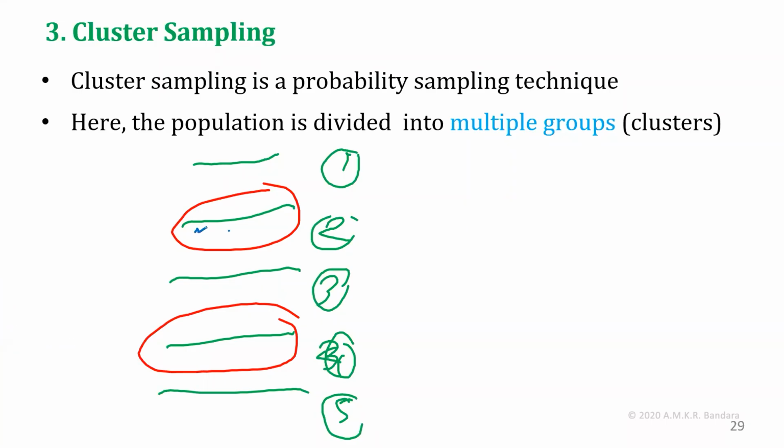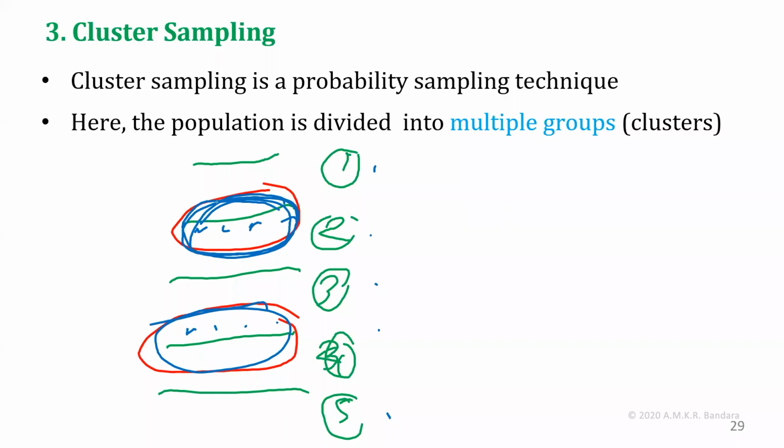So each student in the selected rows will be used for the study. So the entire cluster will be used. So the selection of clusters is random, and the selection of individuals within the cluster is not random. Here all the individuals will be investigated.